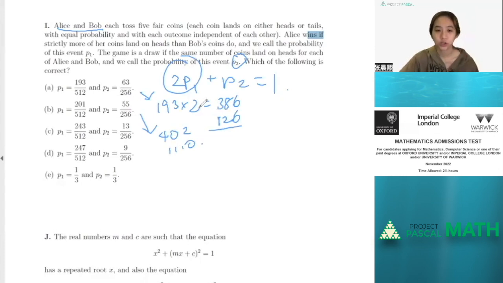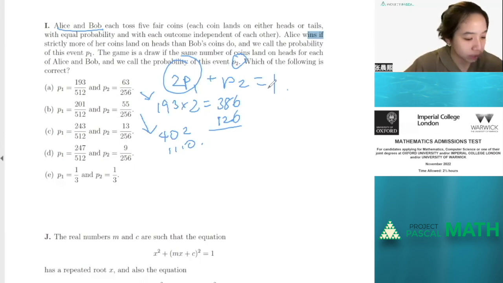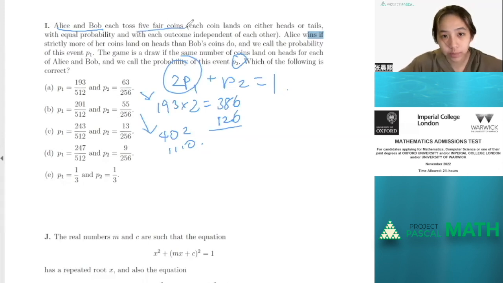So it'll be 2P1 plus P2 equals 1 in general. Basically the number of heads that Alice gets equals the number of heads that Bob gets for all the 5 coins. You can just calculate P2 to get what P1 is.